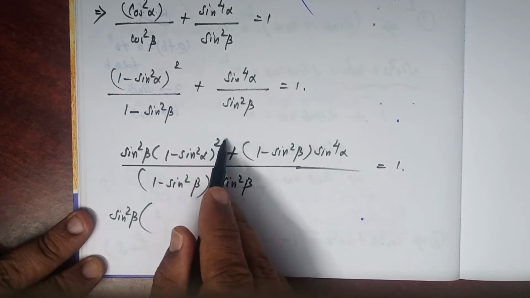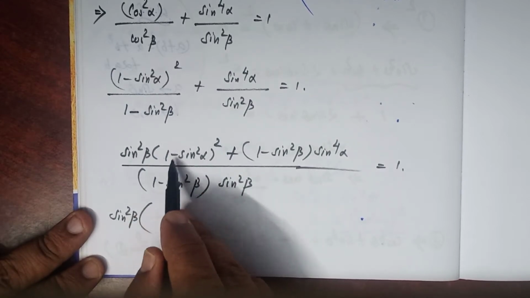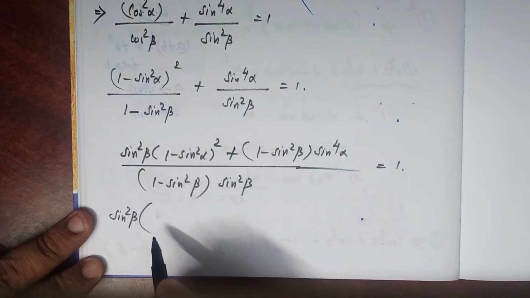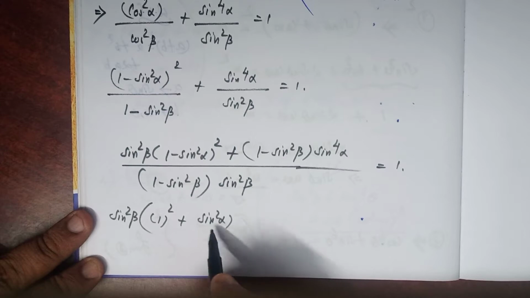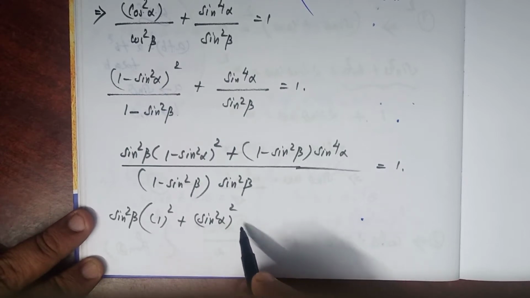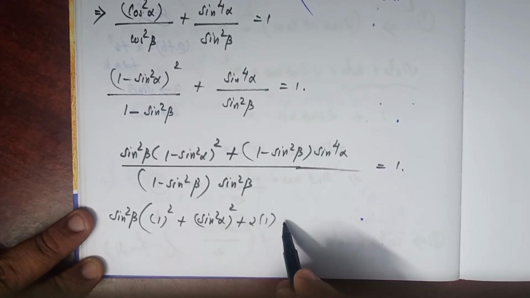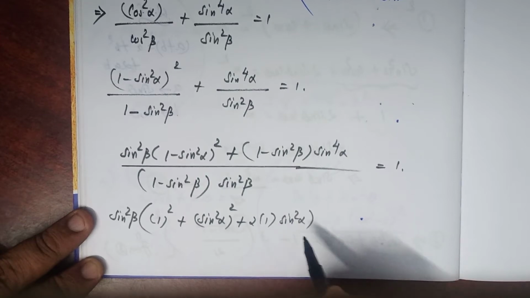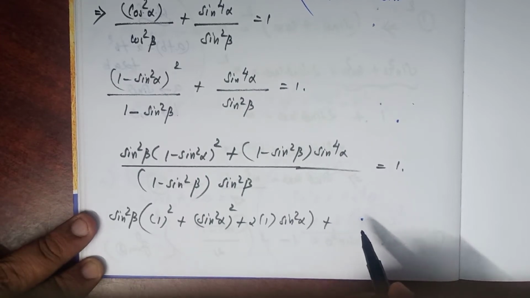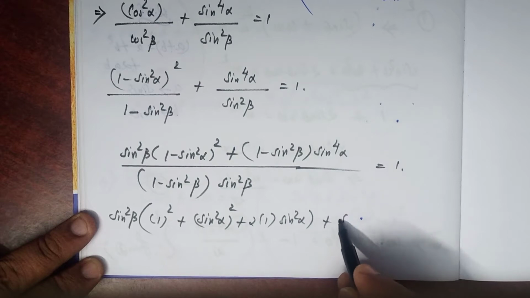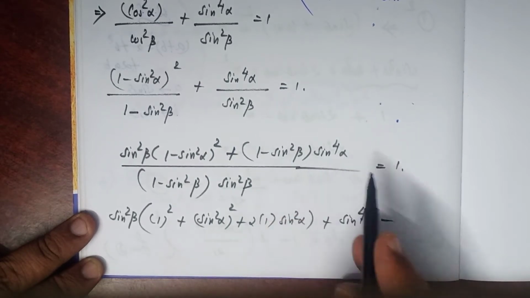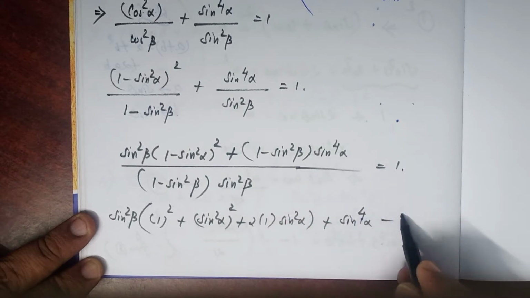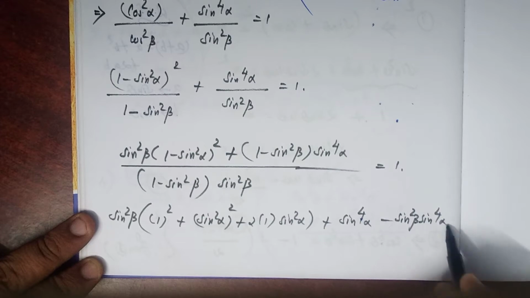Here you can apply a minus b the whole square formula, a that is equal to 1, b that is equal to sin squared alpha, that is a squared plus b squared plus 2ab, 2 into 1 into sin squared alpha plus 1 into sin power 4 alpha, minus, multiply these two, sin squared beta, sin power 4 alpha.